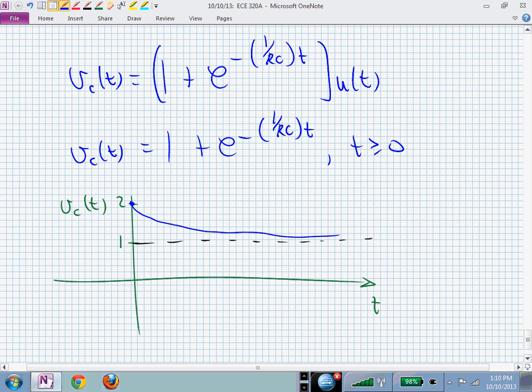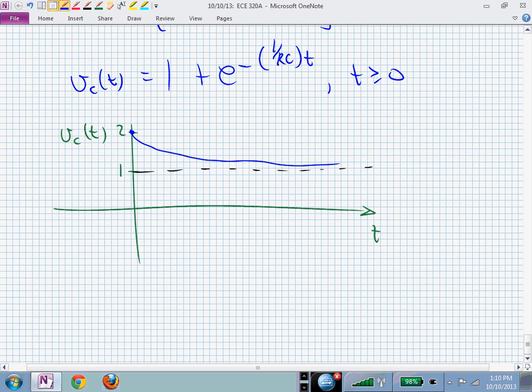If we apply a step to this low-pass filter, and the step has a magnitude of 1, then how long do we have to wait? We have to wait until this guy becomes negligible, right? We want e to the minus 1 over RC times t to be small.